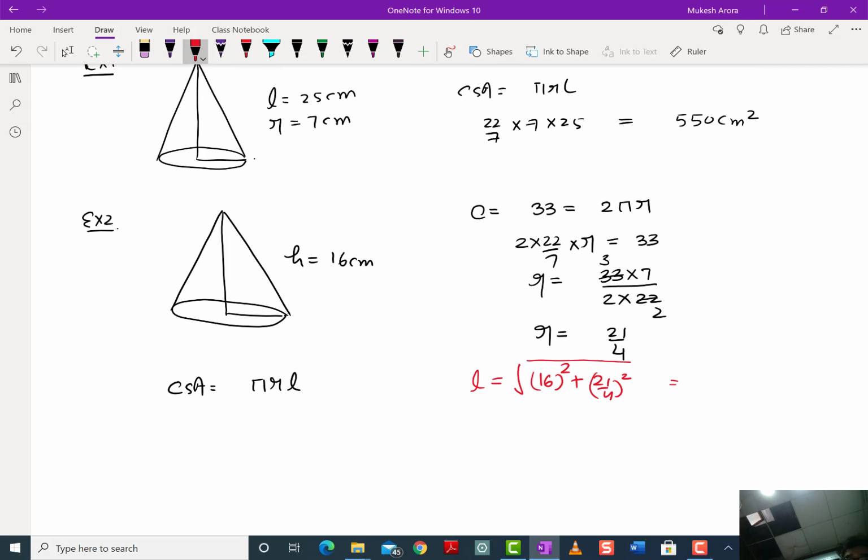So it will be the square root of 4537 by 16, which will be equal to 16.84. So it is 22 by 7, r is 21 by 4, L is 16.84. So the answer will be 277.86 centimeter square.